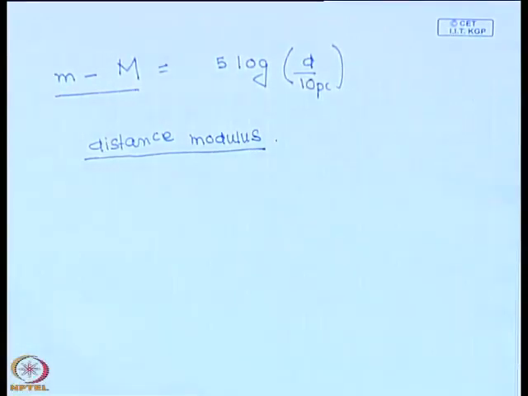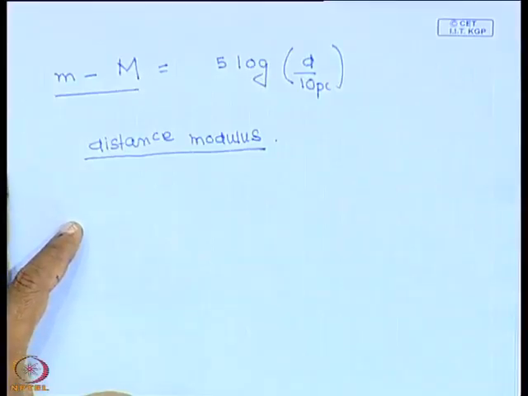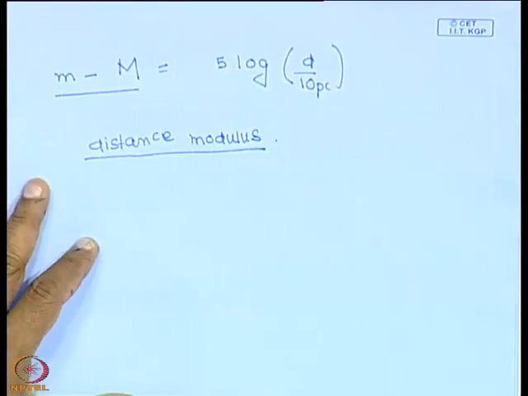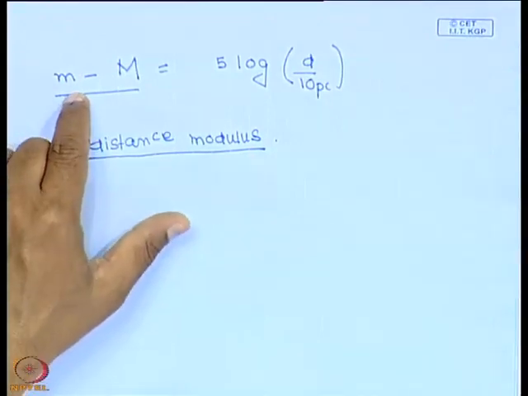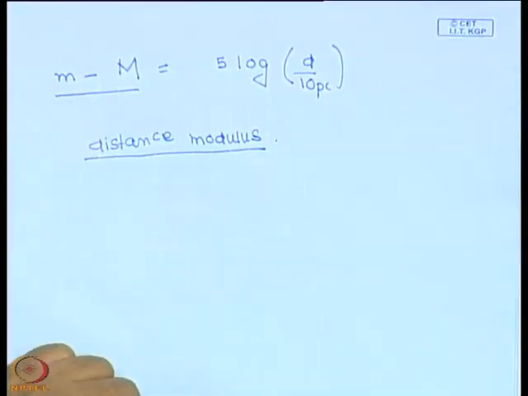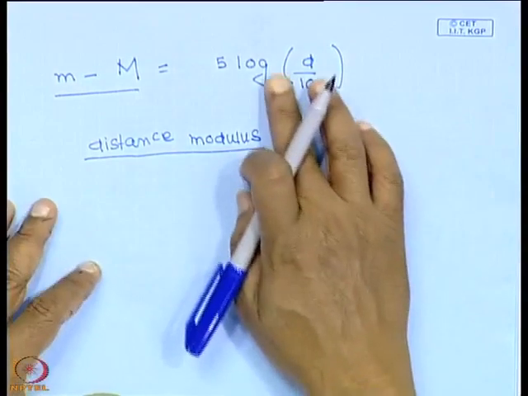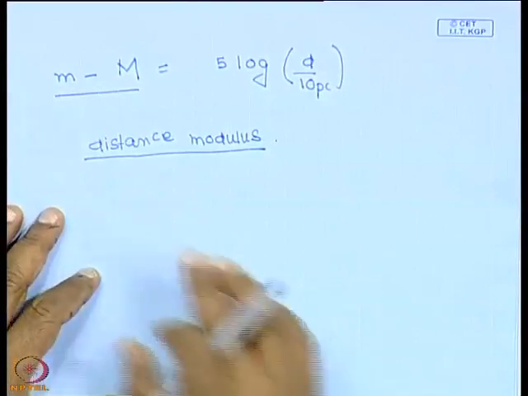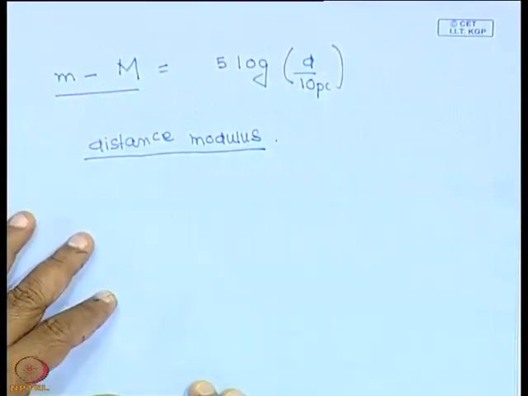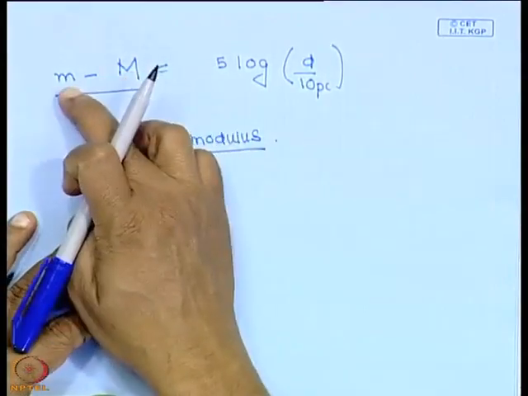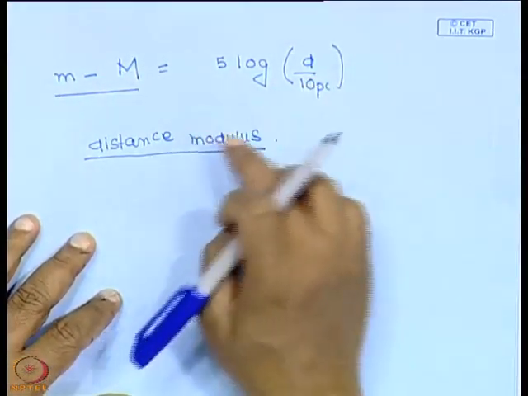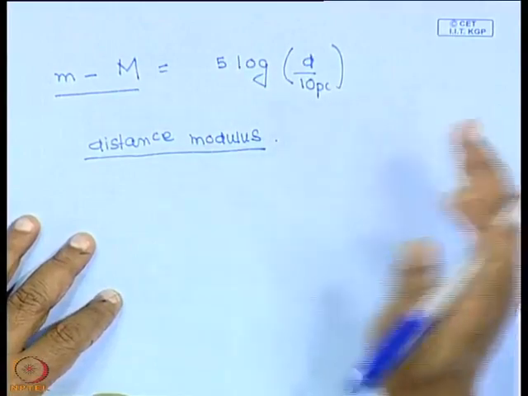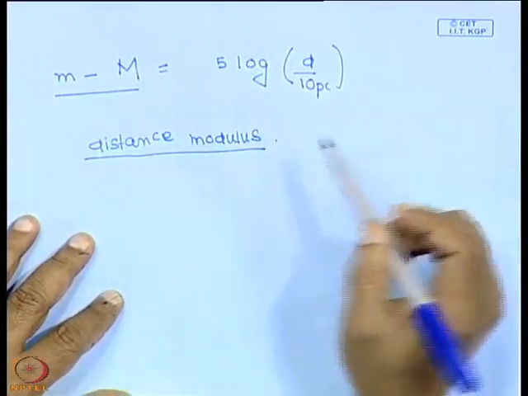Okay. Now there are two effects which need to be included in this. The first effect is the effect of extinction. So for the same source, it could appear fainter due to extinction. This is telling us that it will appear fainter because of the distance, but it could also appear fainter due to extinction. So if you know these two and you want to estimate the distance, then you have to correct for the fact that the source could be faint because of extinction also.